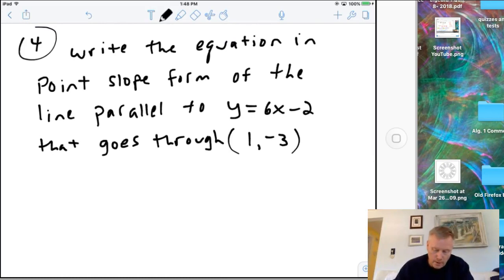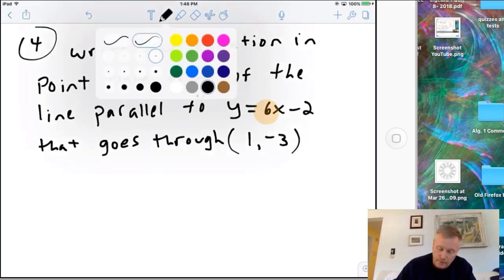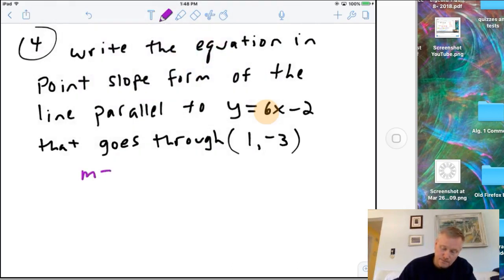Okay, so my slope in this equation is 6. So that's going to be my slope in the new equation as well, because it says parallel, and parallel lines are going to have the same slope.